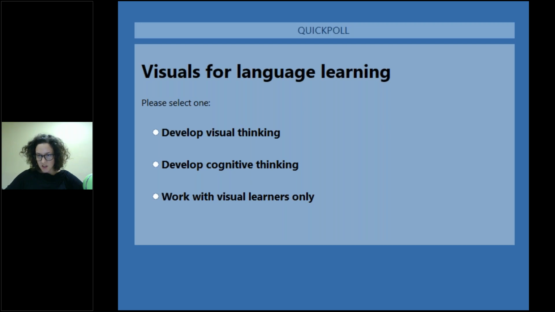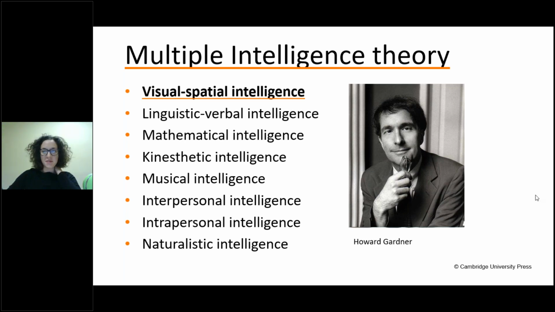Okay, 67% of people voted, so I'm closing the poll at this number. The result is that of almost 500 participants, 40% think that visuals for language learning develop visual thinking, 54% think that they develop cognitive thinking, and 5% think that visuals work with visual learners only.